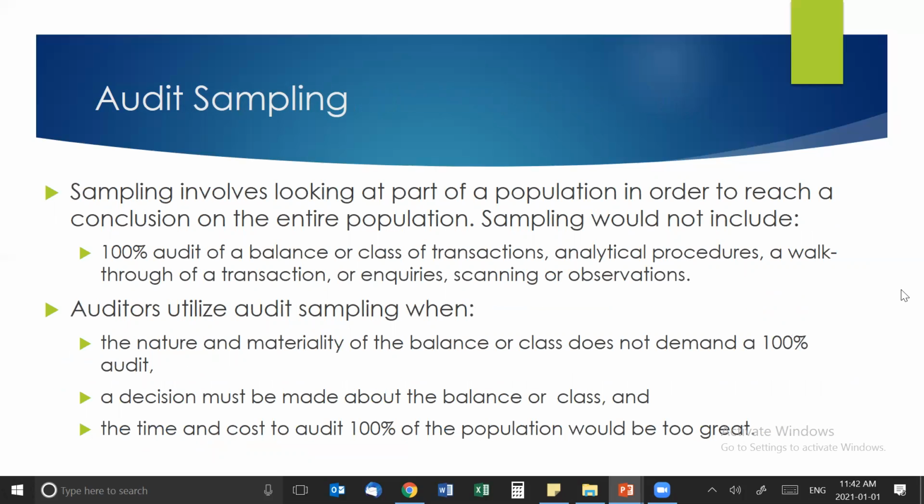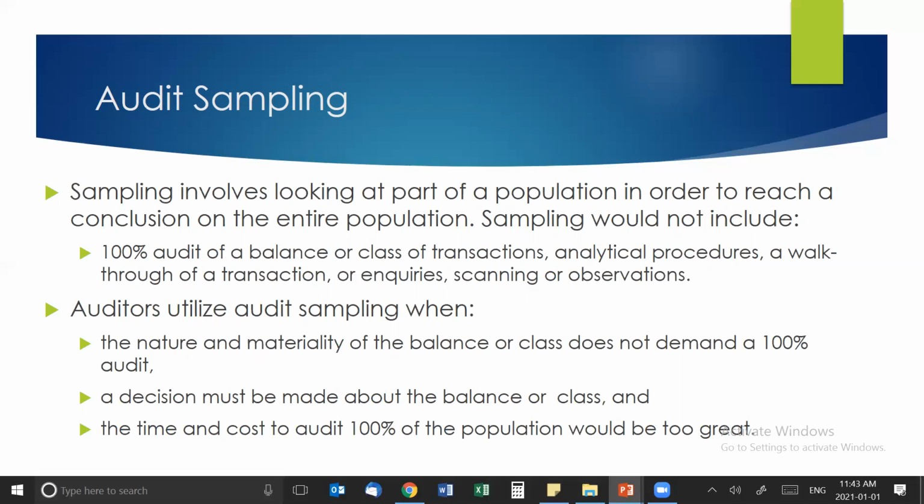Okay, so like I said, sampling is looking at a part of the population in order to reach a conclusion about the entire population. Sampling is not when you're auditing 100% of the balances. Maybe there's only a few balances in the asset accounts or in the revenue. Maybe they have only 3 or 4 big clients a year.